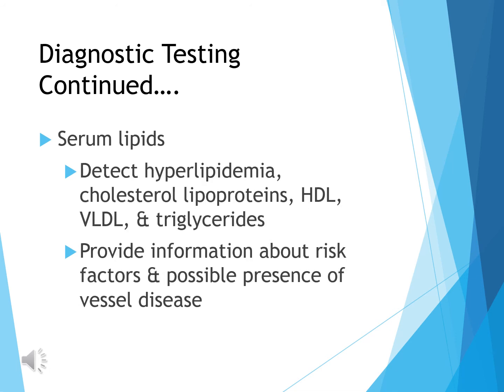Other tests include serum lipids, which help detect hyperlipidemia, cholesterol, lipoproteins, looking at HDL or good lipids, LDL, which are not our good lipids, and also triglycerides. So they provide information about risk factors and possible presence of vessel disease.